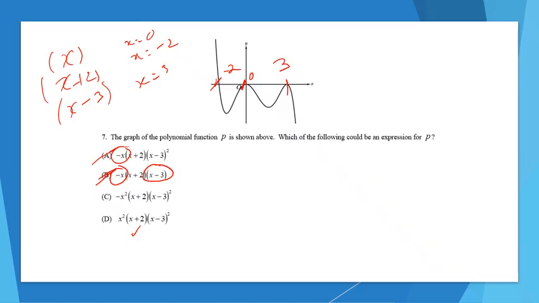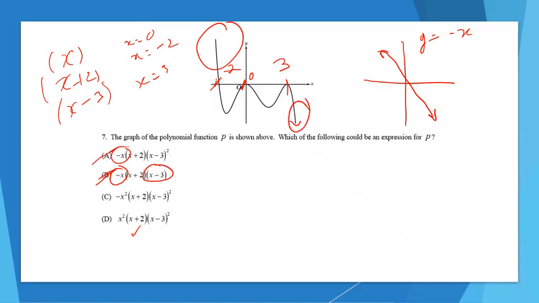And what's the difference between them? One has a negative out in front, and one has a positive one assumed to be out in front. And so which one is correct? This is really tricky, but what we want to do here is look at the end behavior of the function, which is going to mimic y equals -x because of these tails there, right?